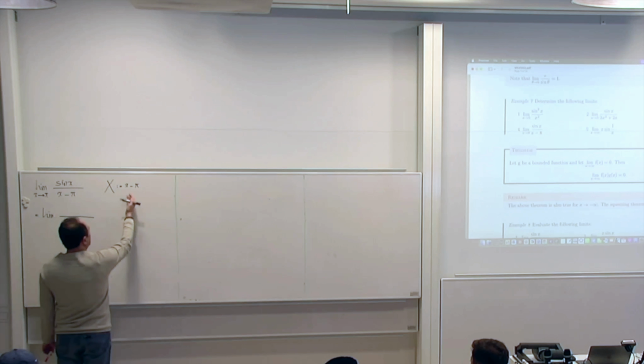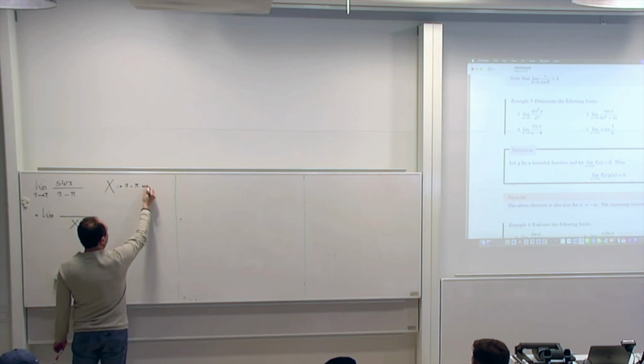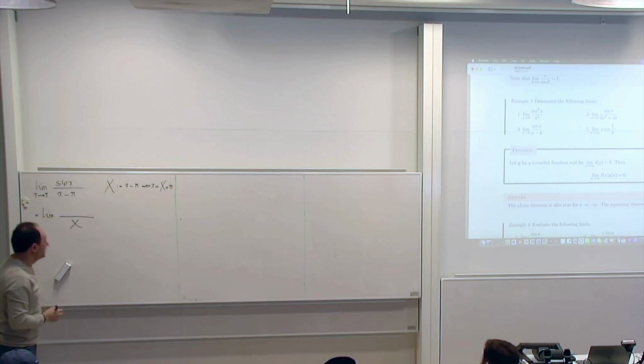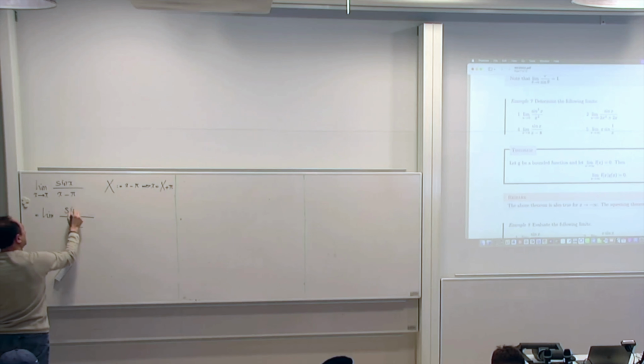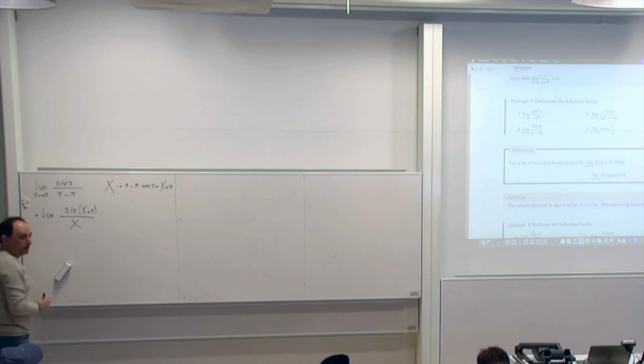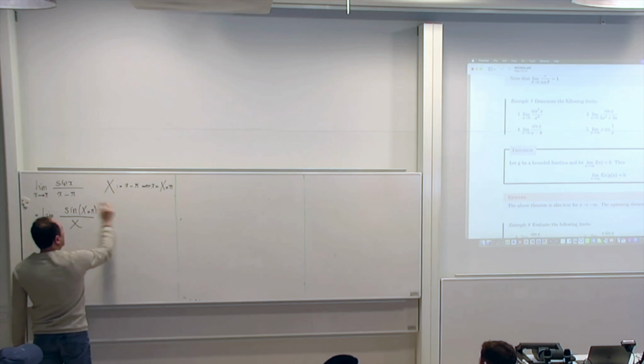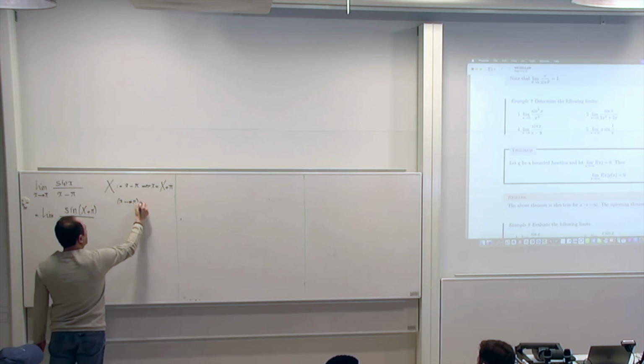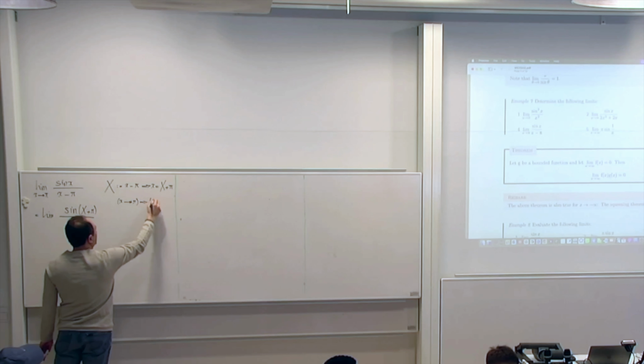I would say that if capital X is this one, so what is little x then? It is capital X plus pi. Yes? So I would write sine of capital X plus pi. But then little x goes to pi. What does this imply for capital X?